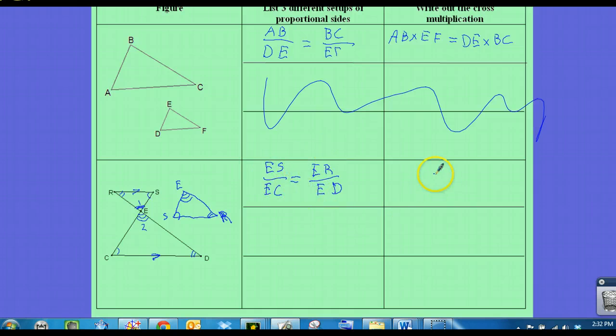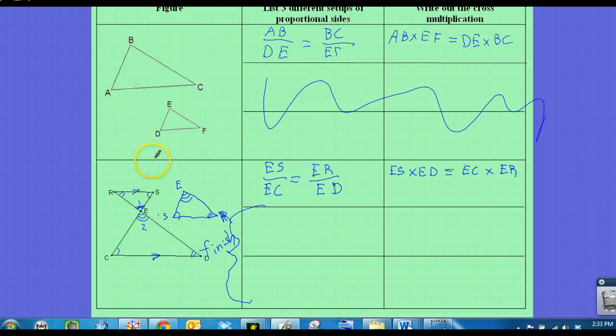Okay, cross multiply and we know what we get. ES times ED equals EC times ER. Okay. I'm going to let you guys finish these two.